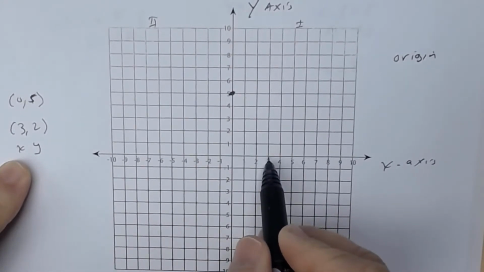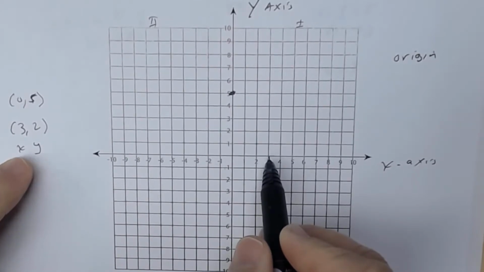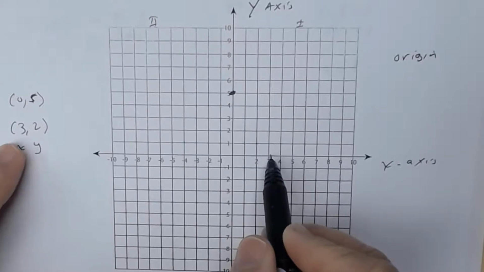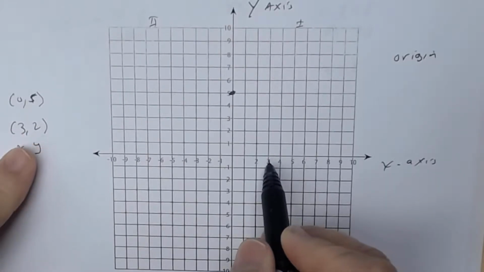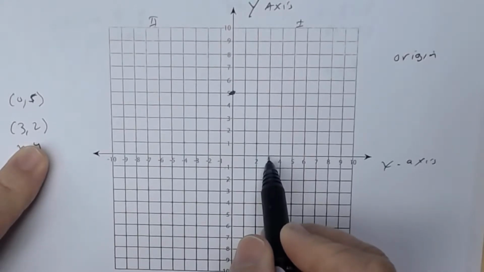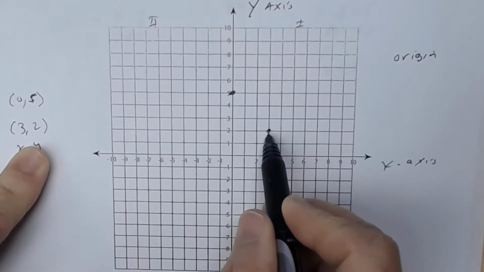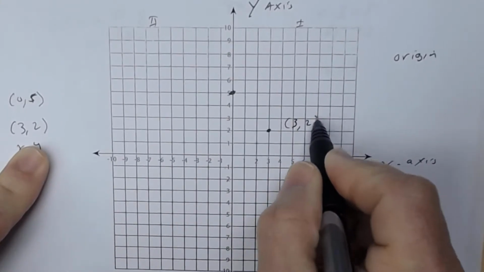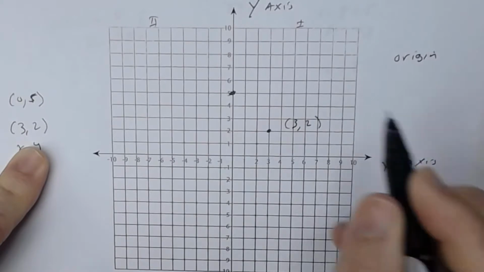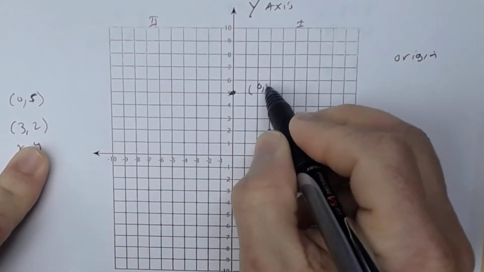Don't put a dot there, because all you've done so far is locate where x is 3. I want to plot the point (3, 2), so since x is 3, I go to the right 3, and then y is +2, I go up 2. There's the point (3, 2). This right here was the point (0, 5).